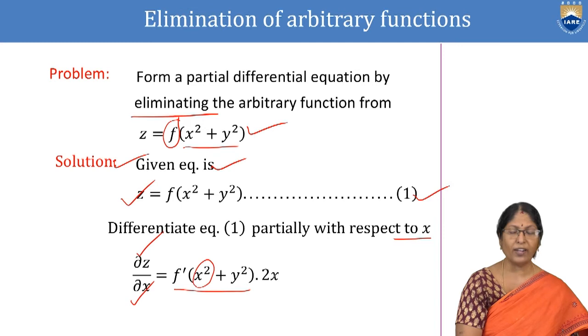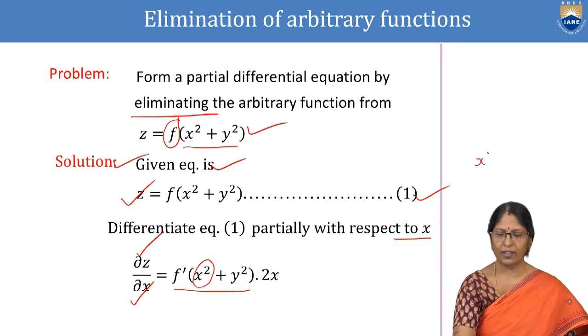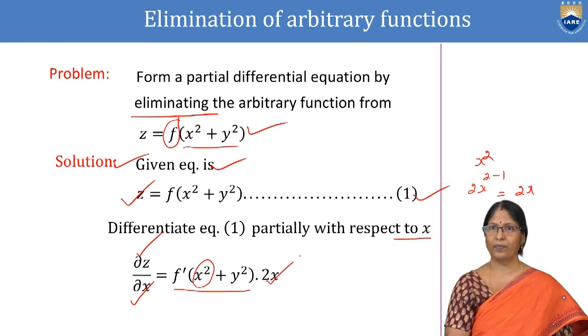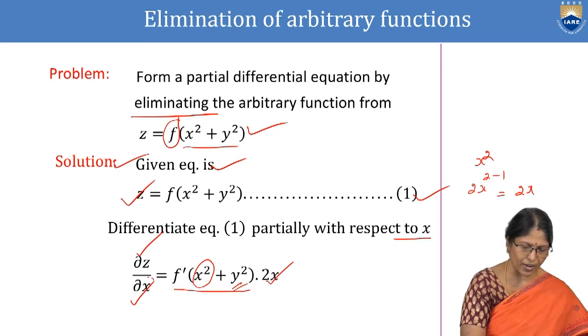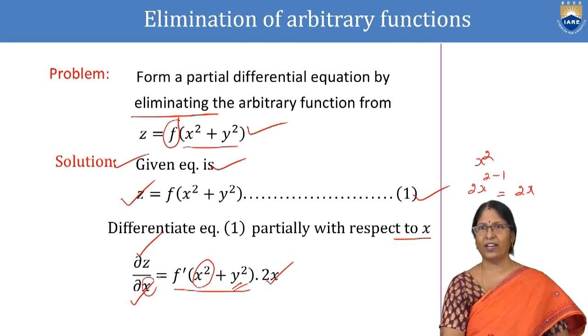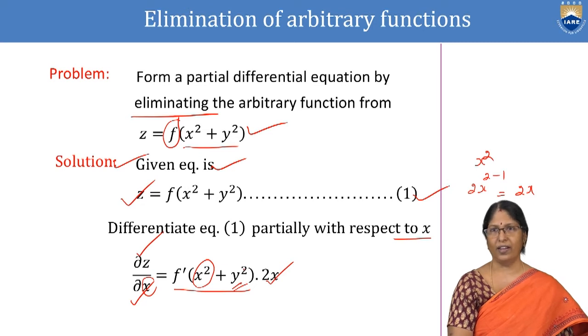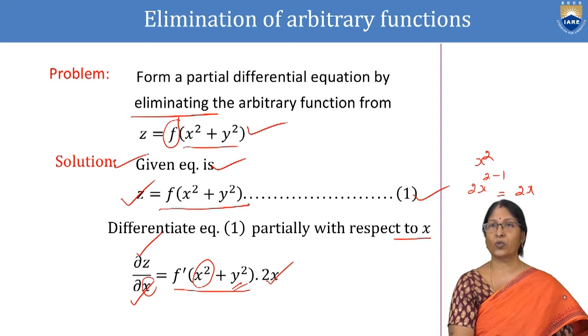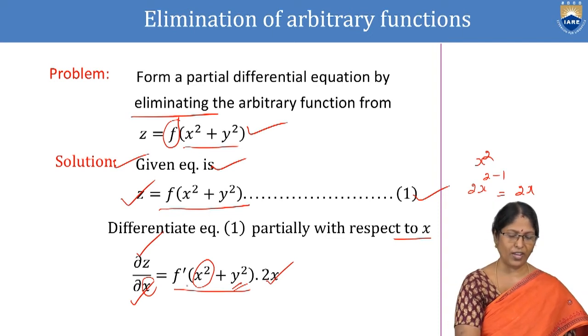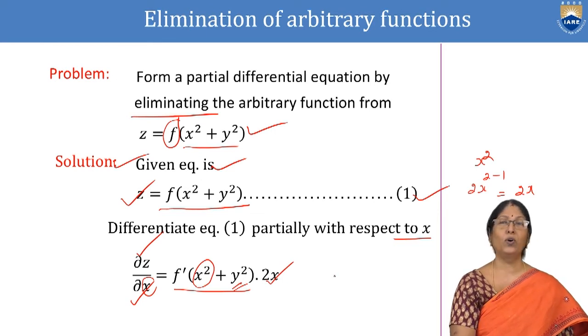So x square, the differentiation is the formula 2x, 2 minus 1. It's nothing but 2x. But y square, we neglected it, because we are concentrating only on x. Y square is neglected. So we got it. F of x square plus y square, the differentiation partially is f dash of x square plus y square into 2x.